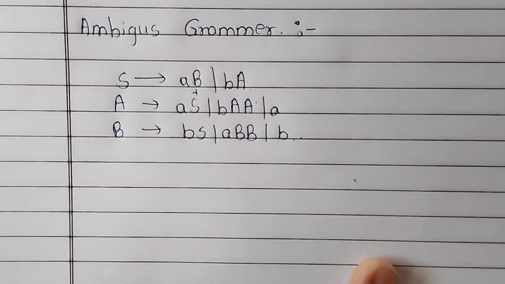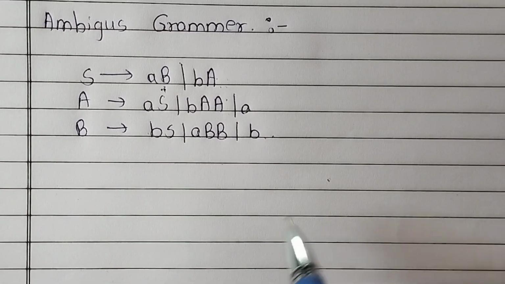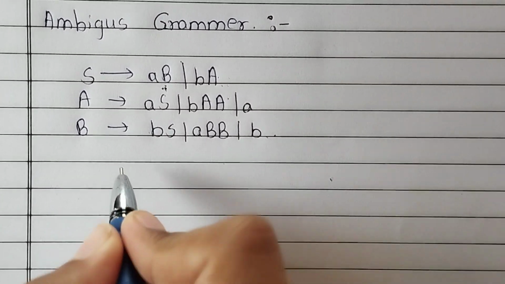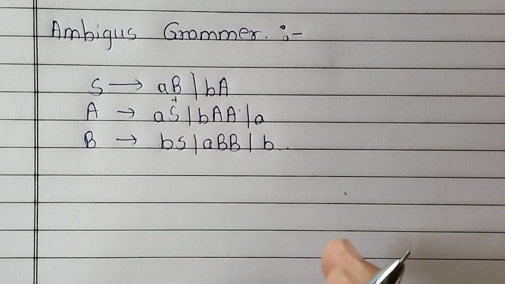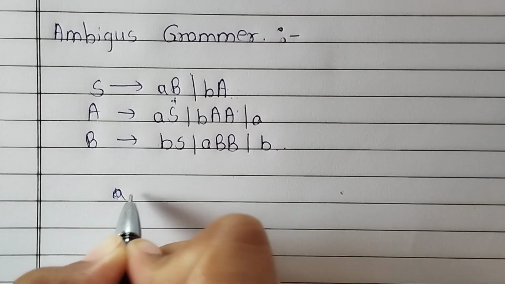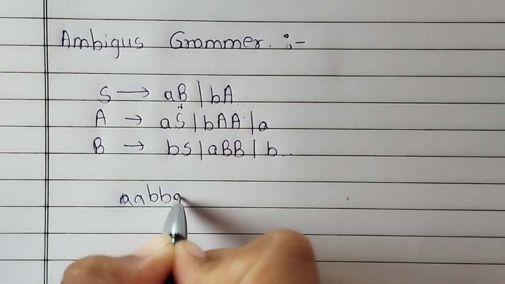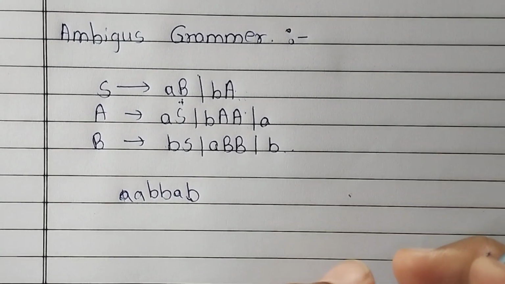Now let's see how. Sometimes in the question you have to prove a string which is given in the question itself, meaning the question says prove that a b b a b is formed or not from this ambiguous grammar.